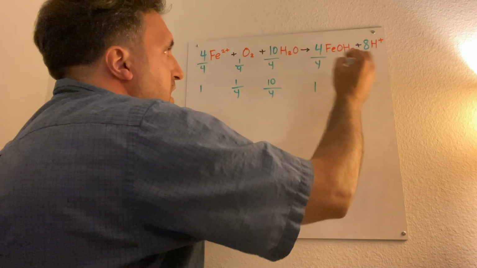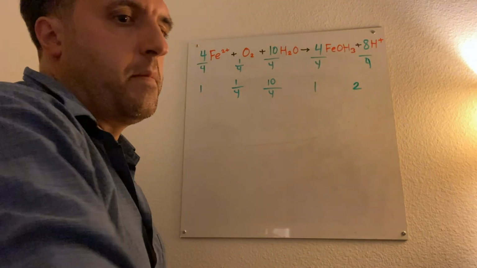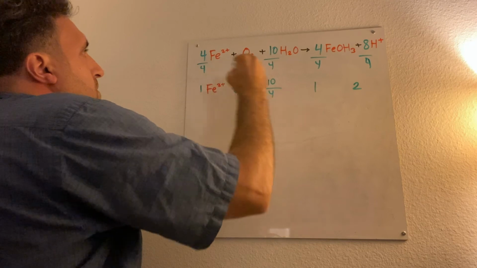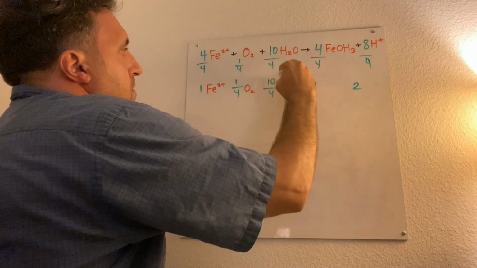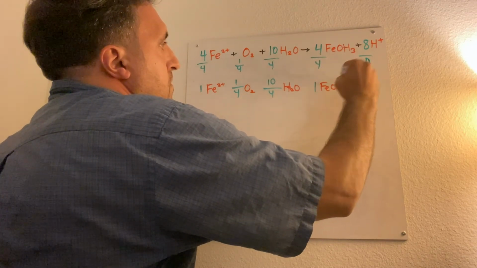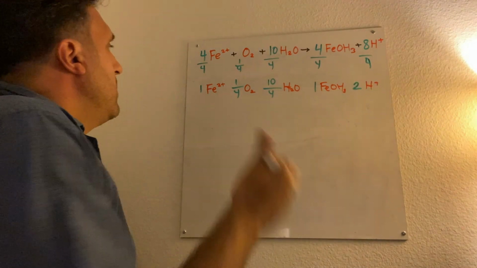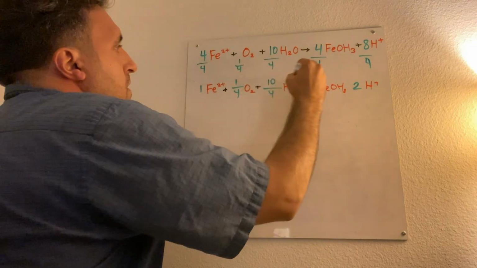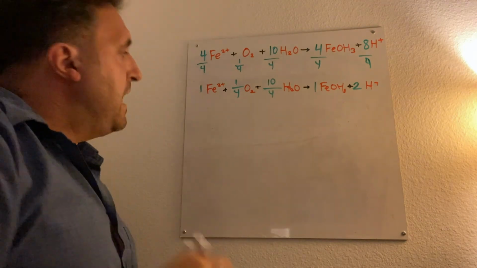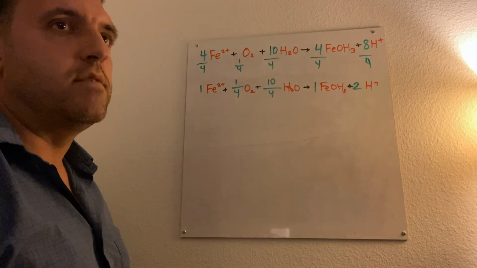It's going to give us 1 for FeOH3 and 2 for H plus. Okay, that allows us to write a relationship between the reaction rates of these different compounds.